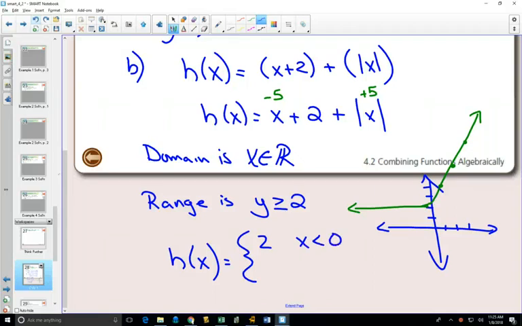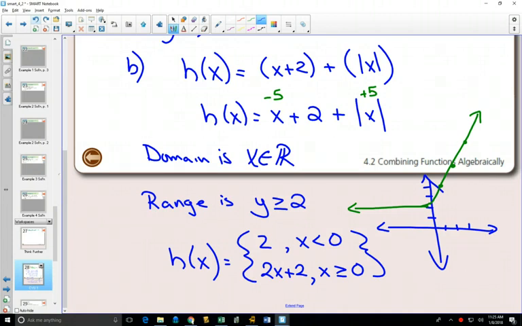And it appears to equal a line with a slope of 2 and a y-intercept of 2 when x is bigger than or equal to 0. Now, I'll put a comma here in between.